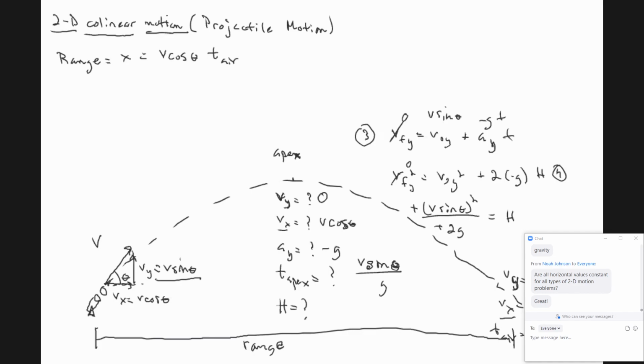We know t air is 2 times t apex. So we can substitute that in. So we have v cosine of theta, that's your vx, times t air, which is 2 v sine of theta all over g. The 2 being this 2 right here.